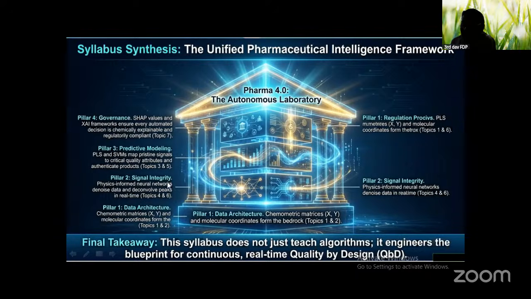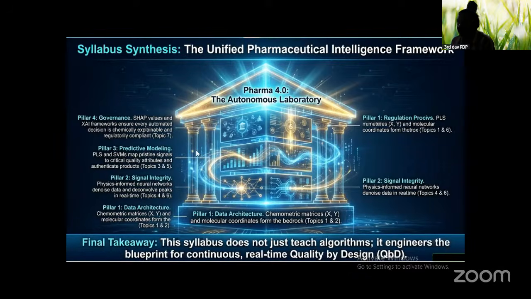Pillar 2 is for signal integrity, that means topics 4 and 6. Pillar 3 indicates predictive modeling, which concerns topics 3 and 5. And the limitations of AI concern topic 7. This is the future pharmaceutical analysis laboratory developed for the next generation.